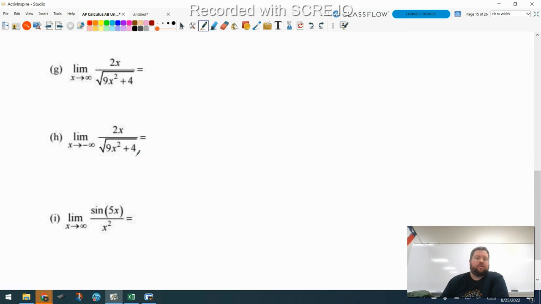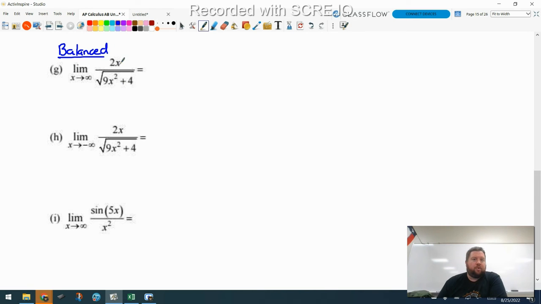All right, next one. These are the tricky ones. Top heavy and bottom heavy are balanced. If I square root x squared, I get x, and I have an x on top. So these are balanced, and I'm going to divide the coefficients.